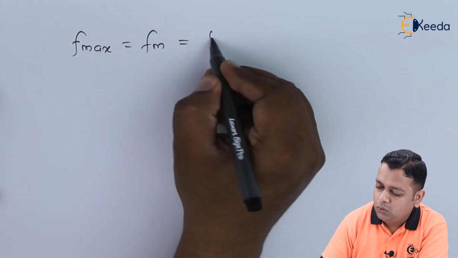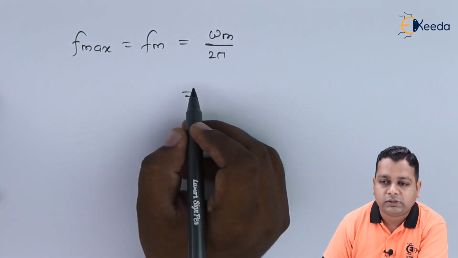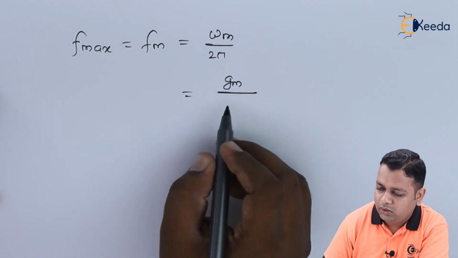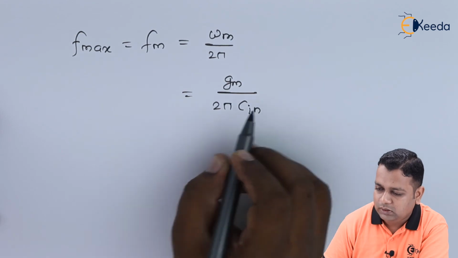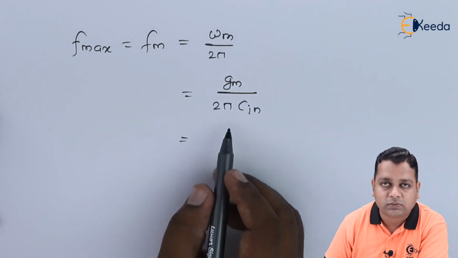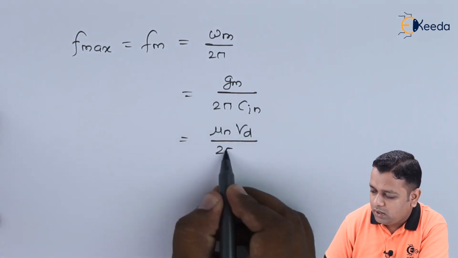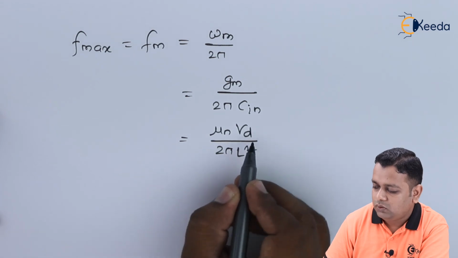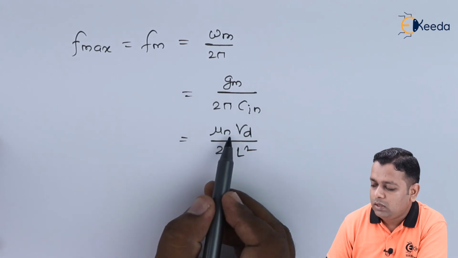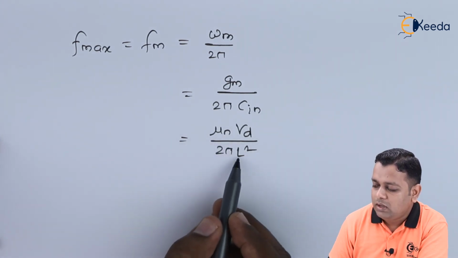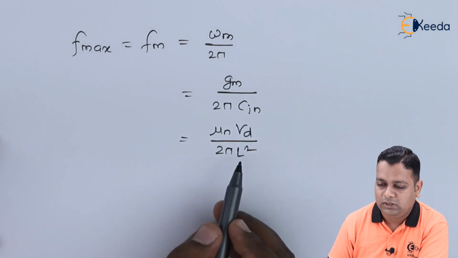So it is simply omega suffix M divided by 2 pi, or it can be expressed as G suffix M, the transconductance we can say, divided by 2 pi into C suffix IN here, or we can also express it as mu suffix N into Vd divided by 2 pi L square here. So the computation of the operating frequency will be dependent on to the electron mobility, the drain voltage, and the length of the gate terminal corresponding to the channel here.